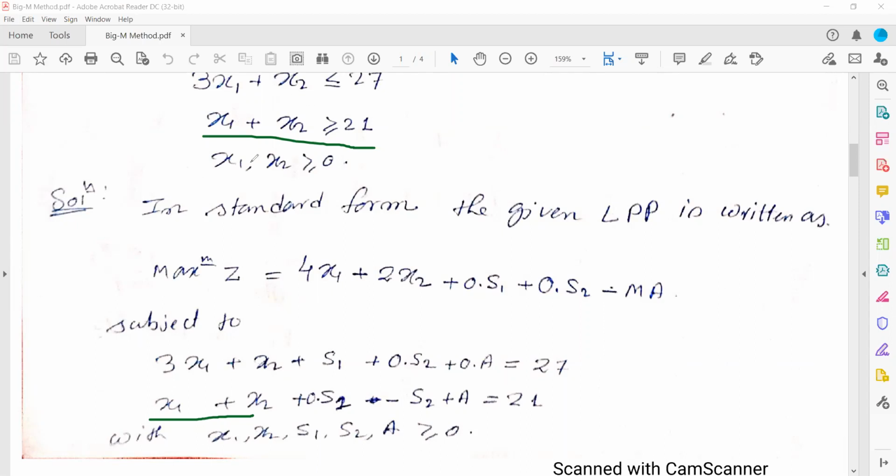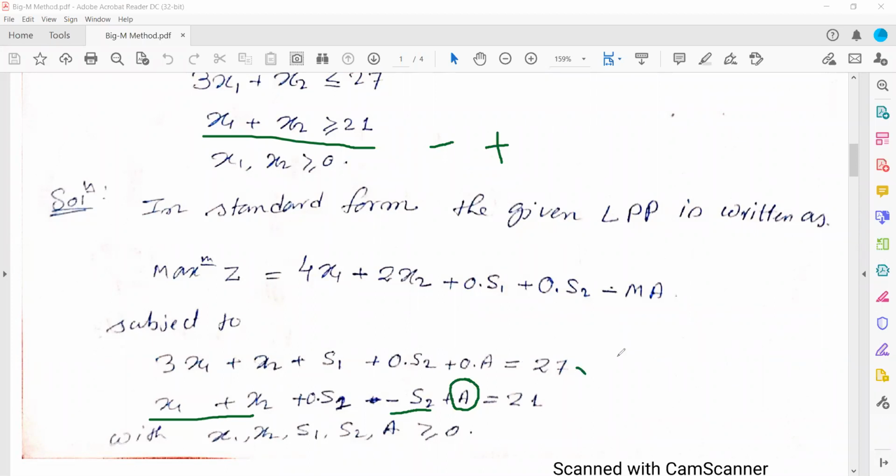Now x1 plus x2 greater than or equal to means you have to subtract one surplus variable, that is minus s2, and then add one artificial variable, which I have considered as capital A. Since s2 is not in the first equation, we introduce it with coefficient 0.